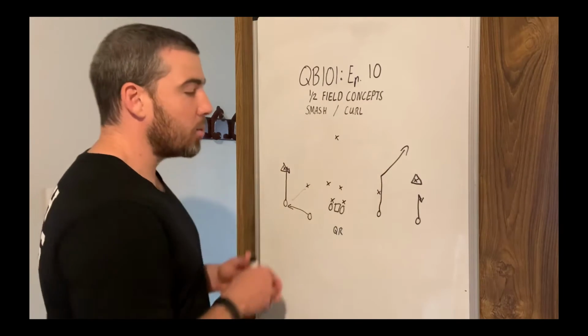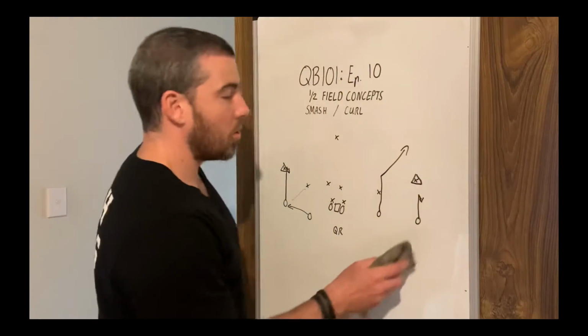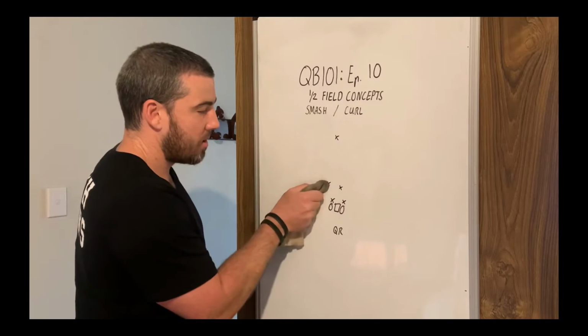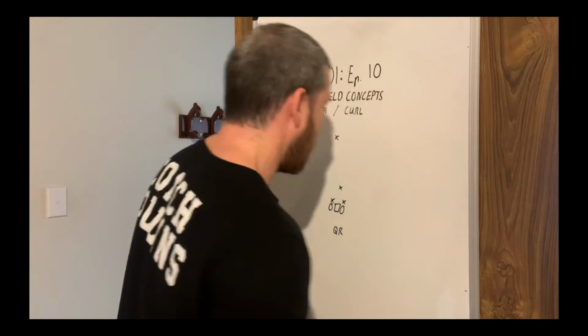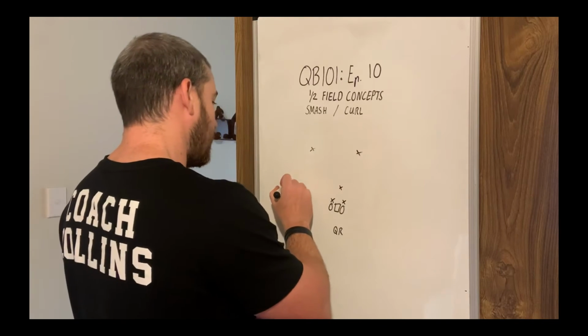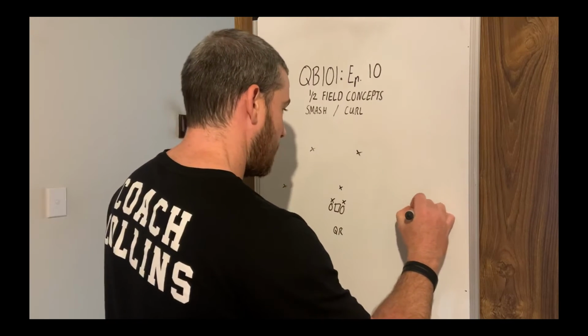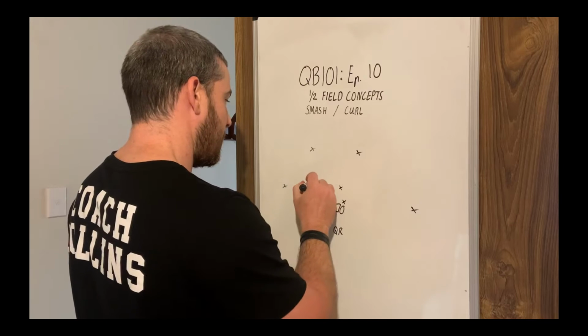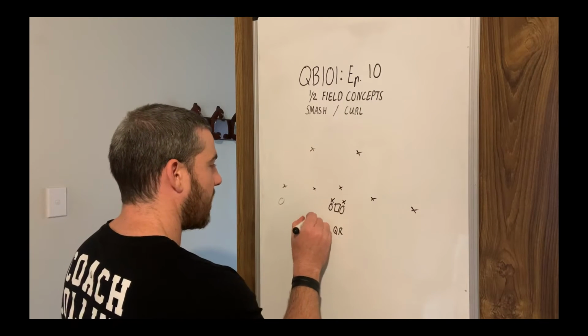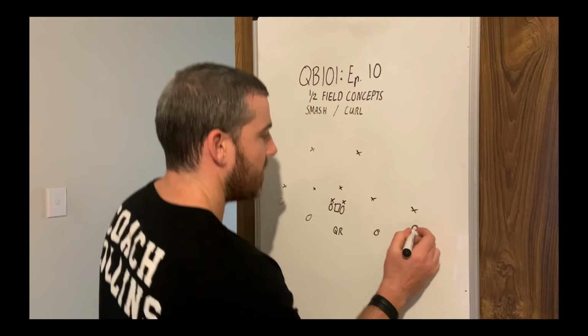Now let's look at these two coverages from a two high safety look. This is usually where these concepts are a little bit better. When we have two high safeties, really quickly, once we go to cover two, they get a lot better.